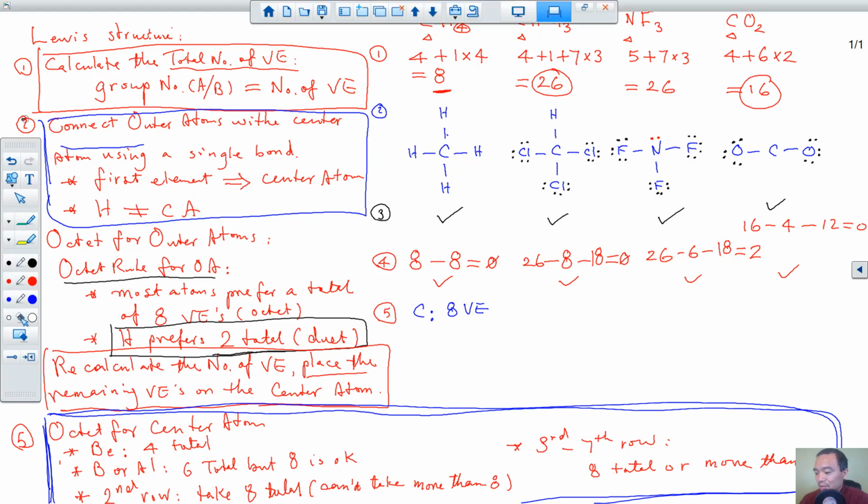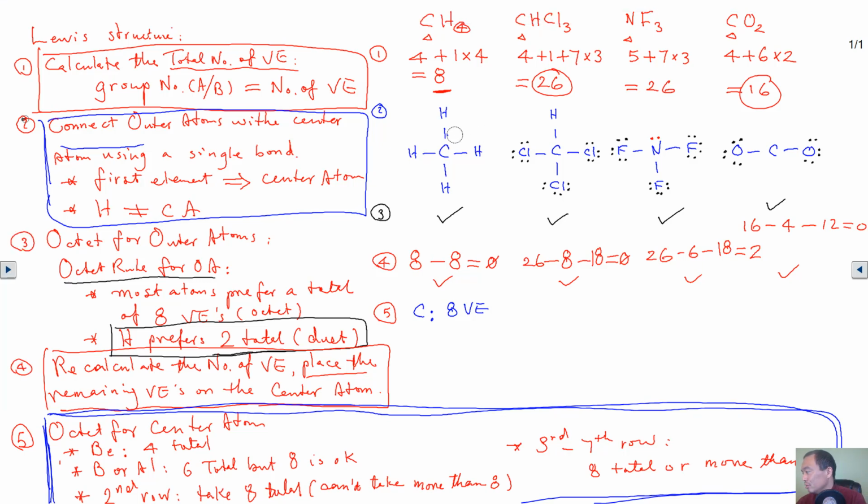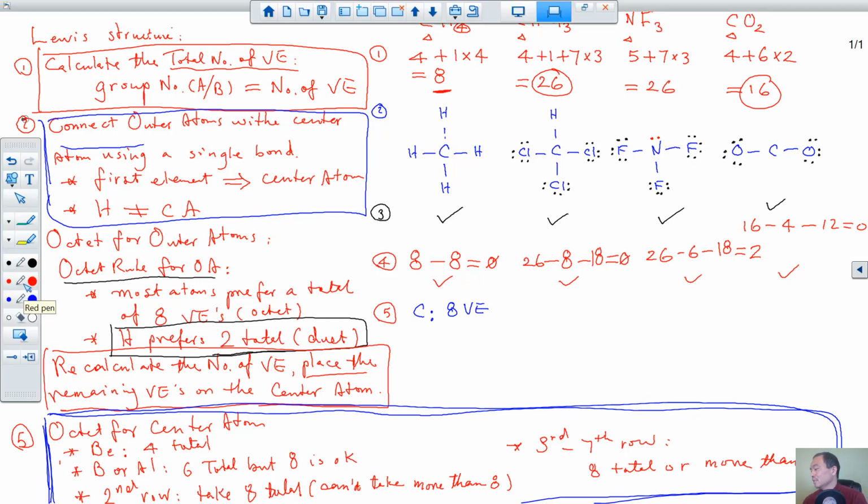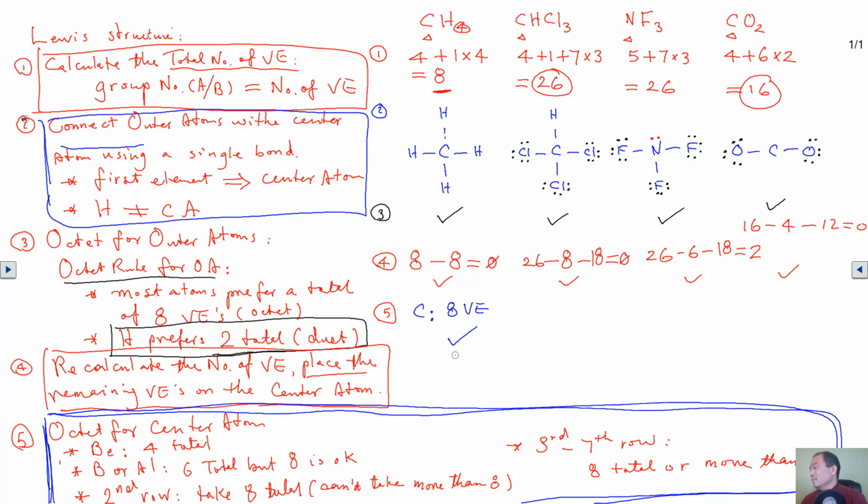Okay, so just remove this little dot over here. So carbon has 8 electrons according to the rules. That means this is good. All right, so this means this structure is the final structure because we have completed all 5 steps.